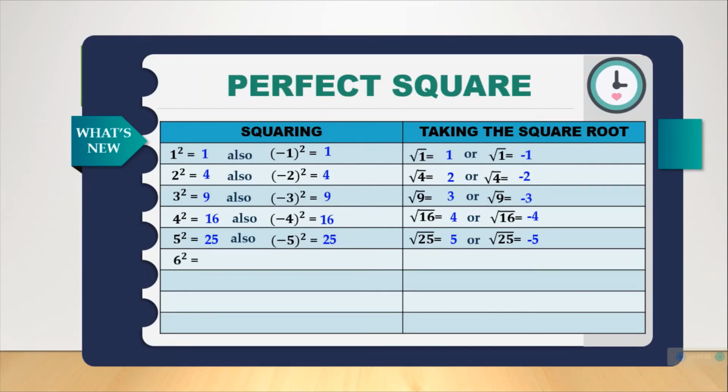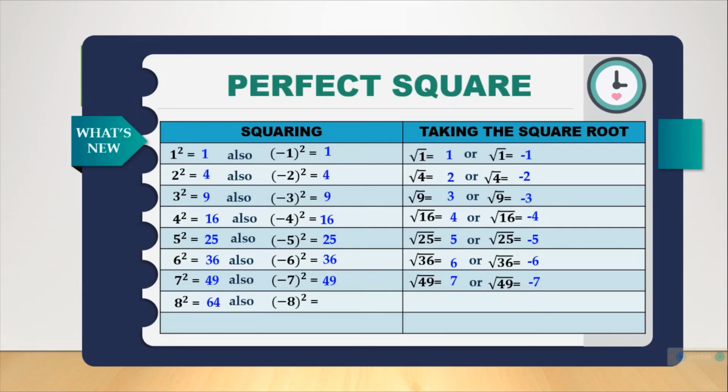Next, 6 squared is 36. Also, negative 6 squared is equal to 36. The square root of 36 is 6 or the square root of 36 is negative 6. 7 squared is 49. Also, negative 7 squared is also 49. The square root of 49 is 7 or the square root of 49 is negative 7. 8 squared is equal to 64.